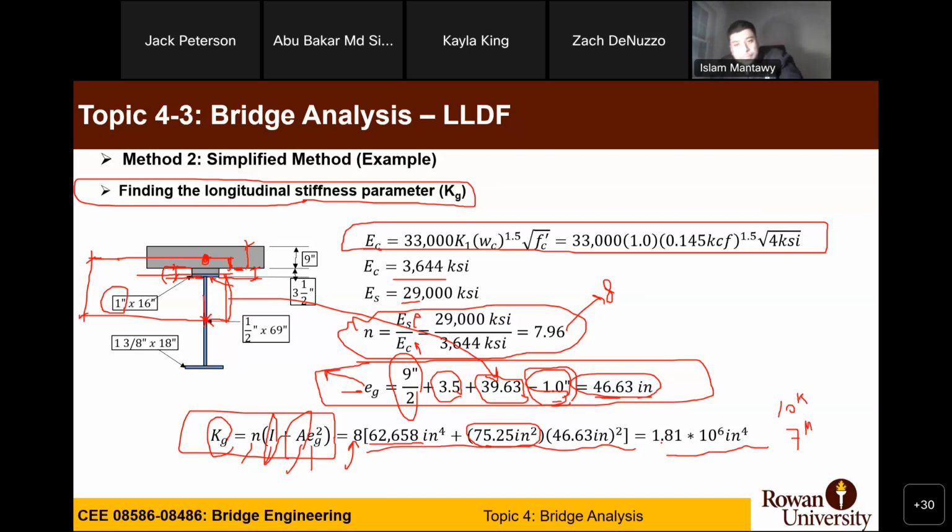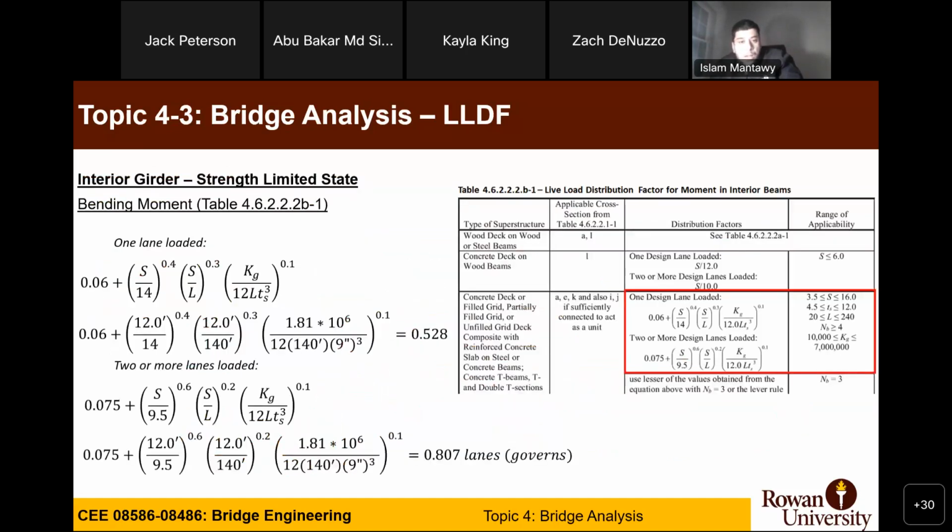Thank you, Jay. For this one, this is moment for interior girder. I need someone to help. Hamdi, are you here? Yes, I'm here. Our spacing is how much? I believe it was 12 feet.